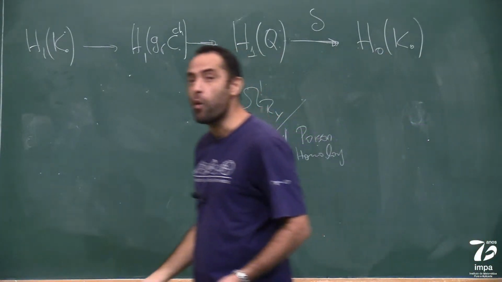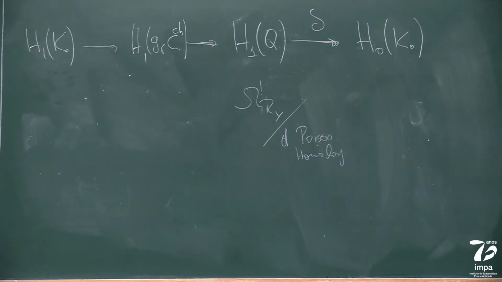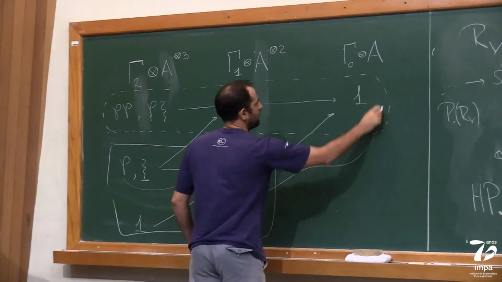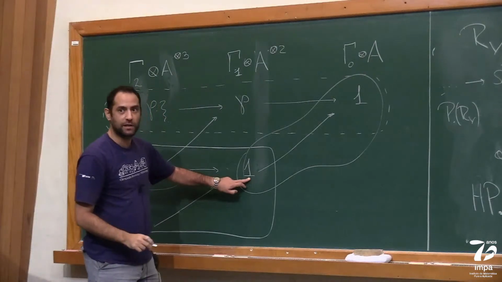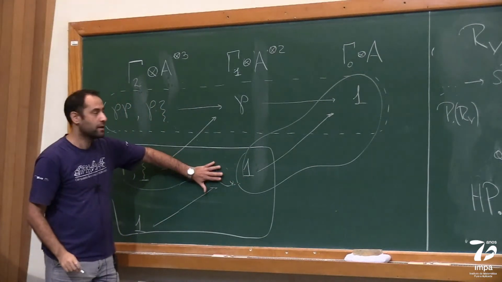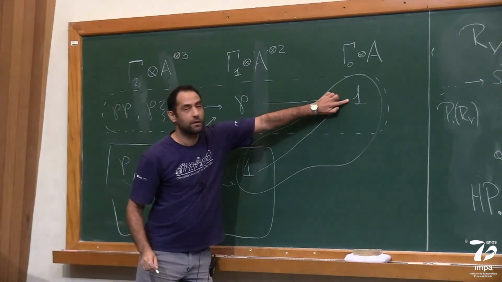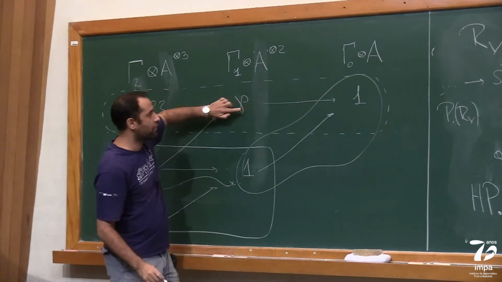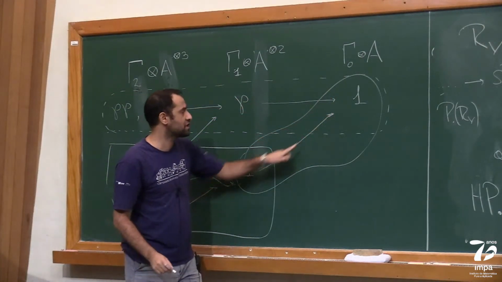This is the only differential that we haven't analyzed. It is the only differential that goes from this complex in degree 1 to that first row, the top row, in degree 0. And this differential is very simple to describe.